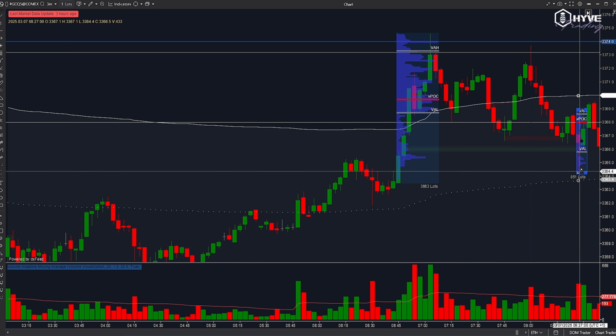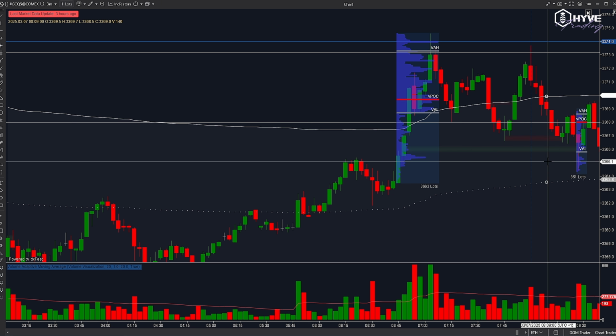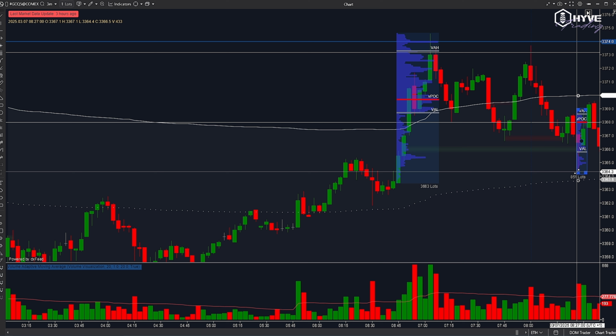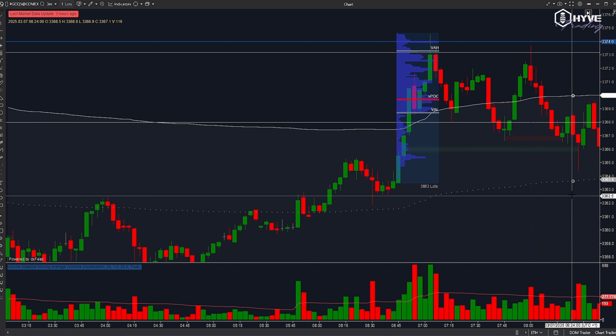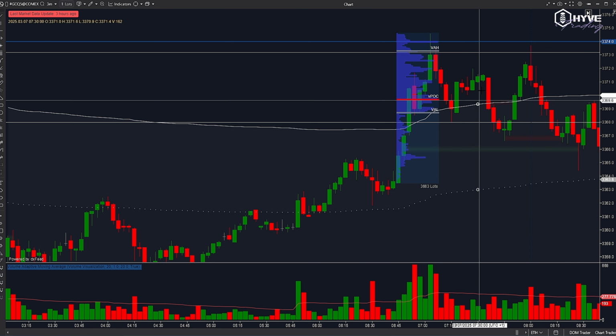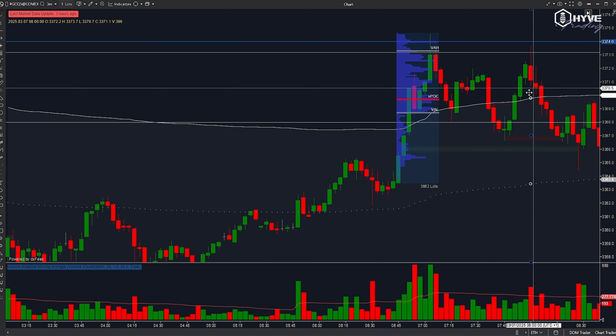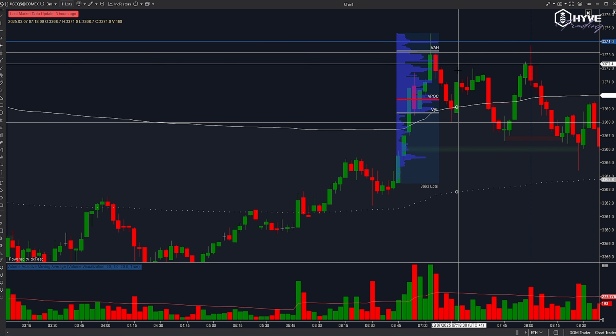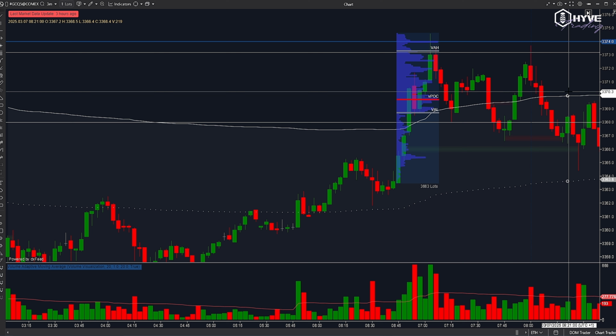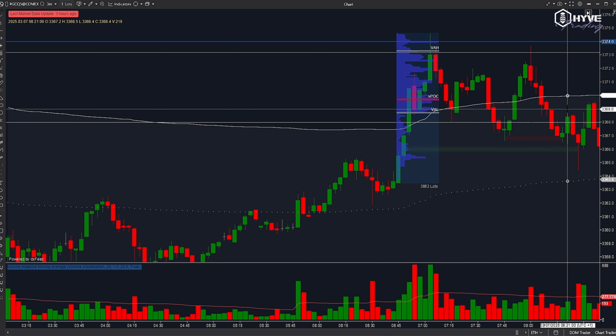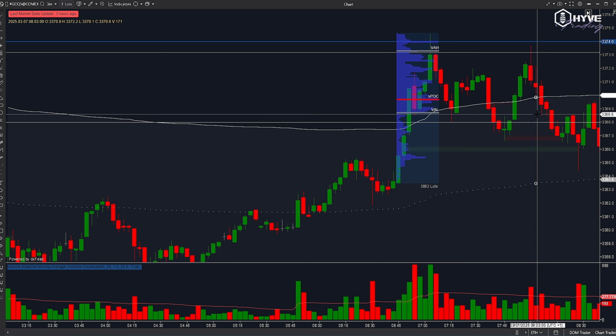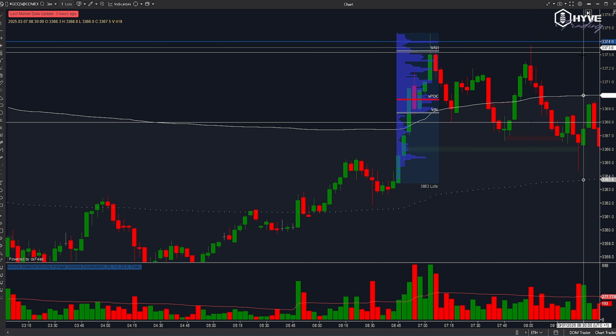Now, at this point, I'm looking at this and I'm thinking to myself, okay, so I'm expecting the market to be bearish because bears are defending their position. But at the same time, this price action took place before London session, right? So now I want to see if the buyers during the London session have enough strength or enough appetite to push price back above.